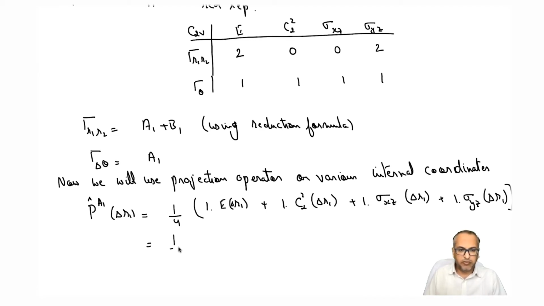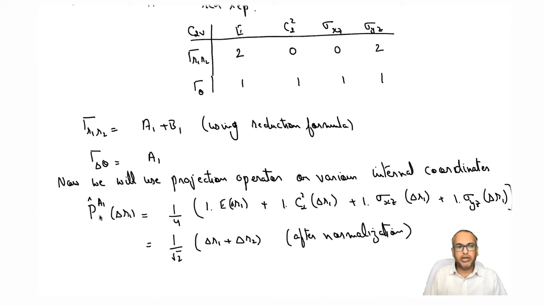So this gives me 1 by root 2 after normalization, delta R1 plus delta R2. This is after normalization.